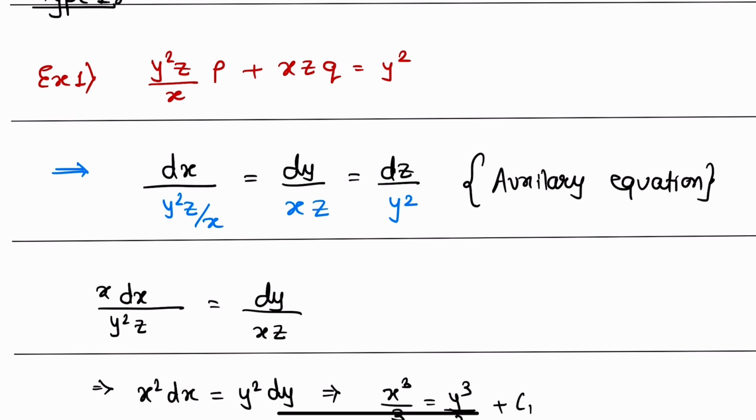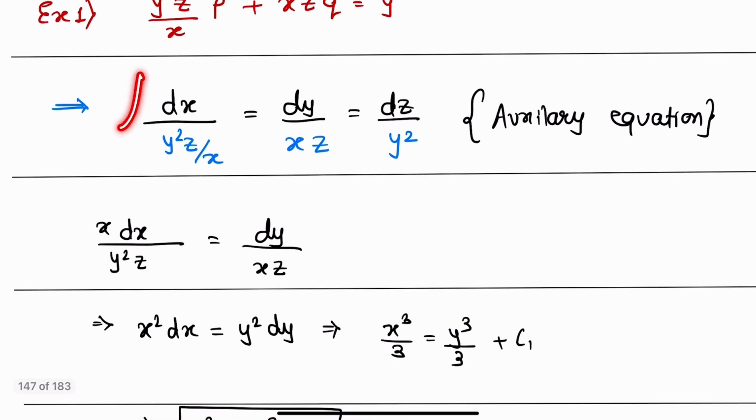To solve this, we see it is in the form of Pp plus Qq equals R, so we can write Lagrange's auxiliary equation as dx/P equals dy/Q equals dz/R.